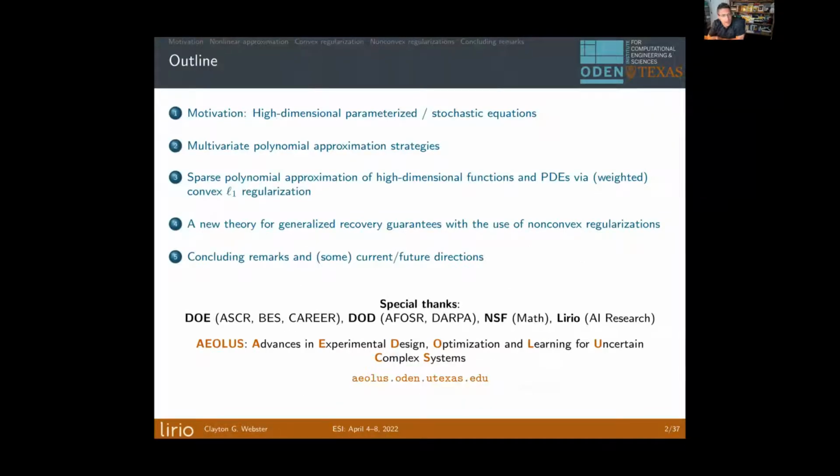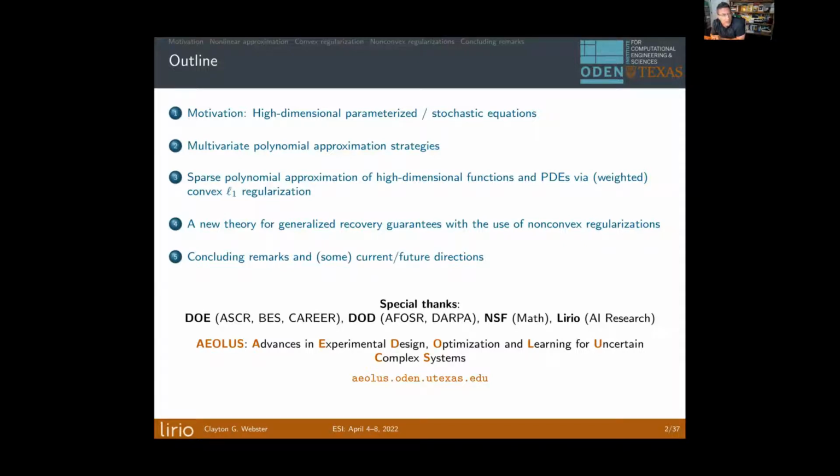So here's an outline of what we're going to talk about. I don't need to give much motivation here to this audience, but originally we started in this area working on UQ with sparse grids, and since then have gone on to look at other high dimensional systems.